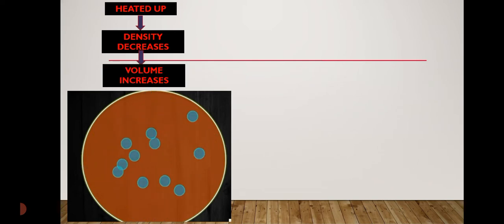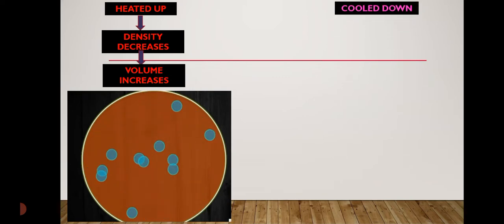And we had seen in the previous slide that volume and density are inversely proportional. So as the liquid starts expanding, as its volume starts increasing, of course its density will decrease. So when we heat up any liquid, its volume increases and hence the density decreases.